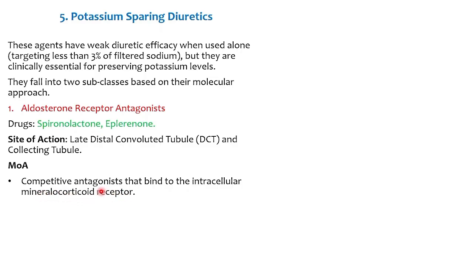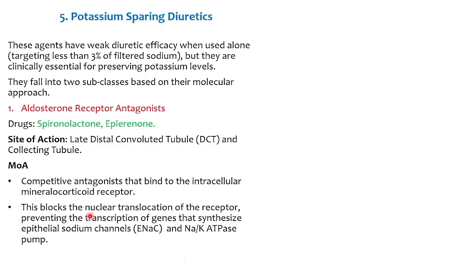It's a very hard term to pronounce, but in short, they compete with aldosterone. So they antagonize aldosterone. This blocks the nuclear translocation of the receptor, preventing the transcription of genes that synthesize epithelial sodium channels, the ENaC, the sodium potassium ATPase, and also the potassium channels.